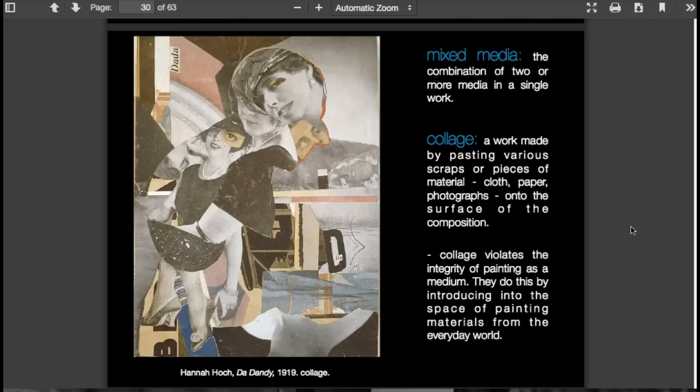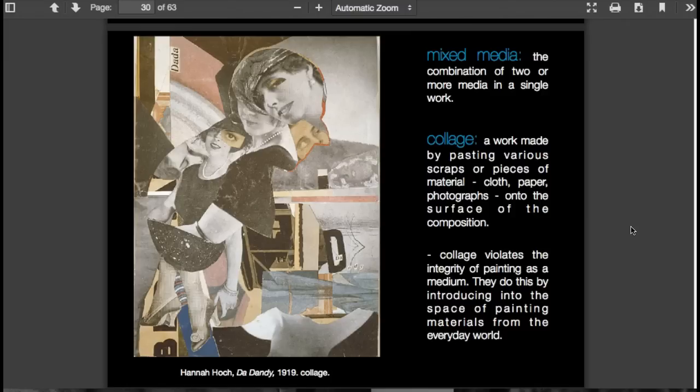So we could have easily painted these images, but by incorporating these actual materials, we're saying something about painting, but also saying something about the world around us. And so kind of violating that process. And it's a really interesting process too, because it allows us to engage with culture on a more intimate level.